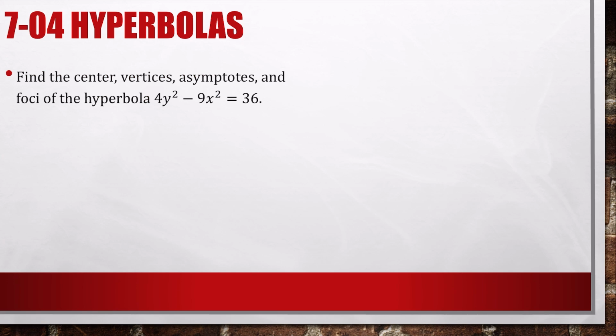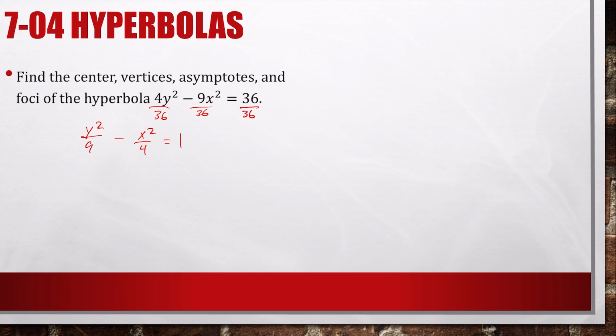Let's find the center, vertices, asymptotes, and foci of the hyperbola given there. Well, for the equation of a hyperbola, it needs to equal 1. So we'll divide everything by the 36. And so that gives you y squared over 9 minus x squared over 4 equals 1.